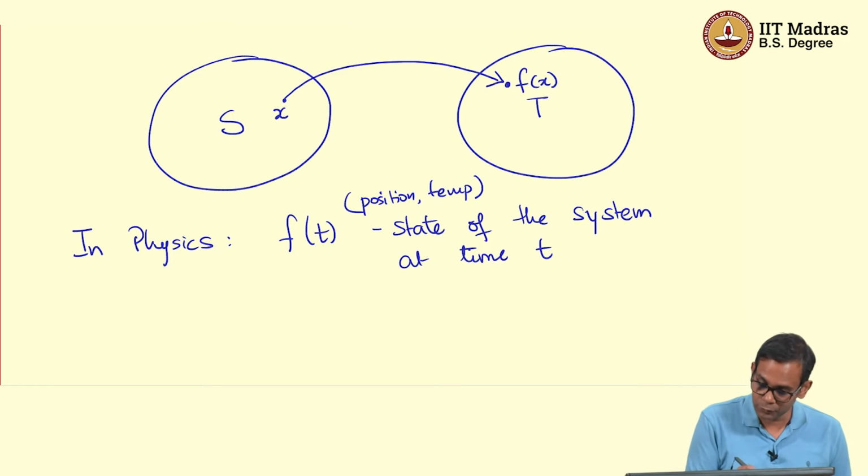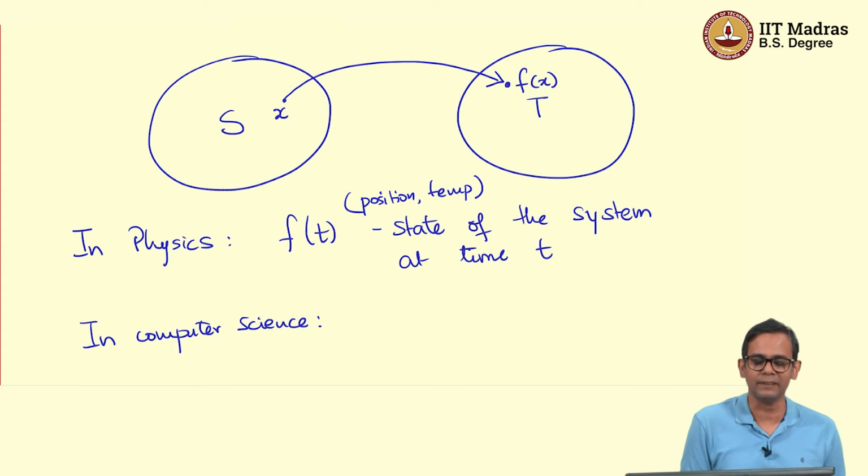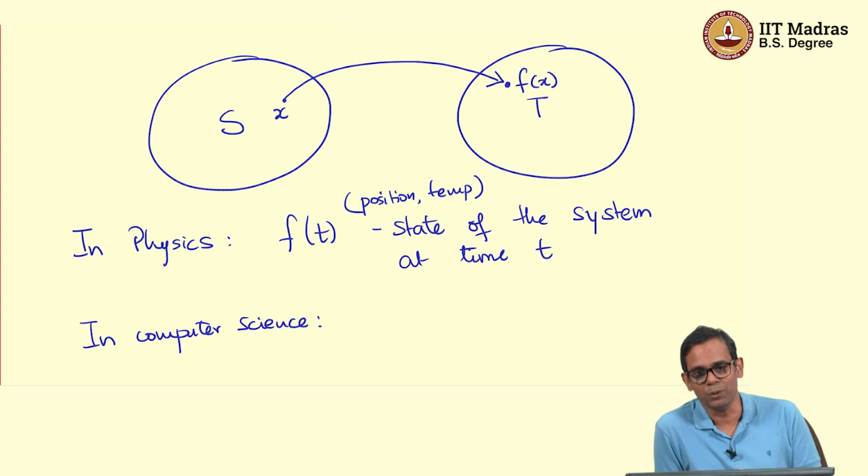In computer science, well, you all know what functions are, right. When you learn any programming language, you learn to define functions. And what does the function do? It takes an input, which is usually a data type, and gives you an output, which is another data type.